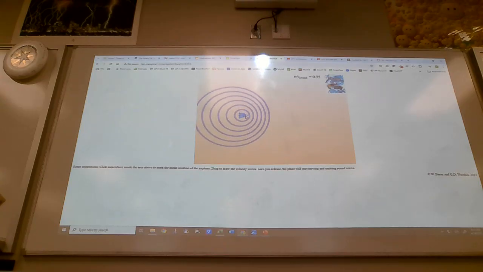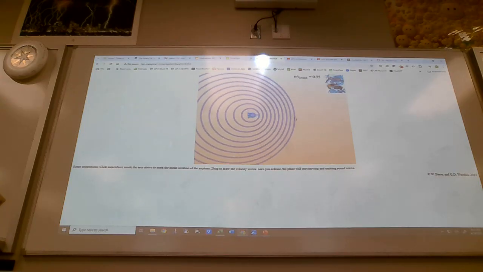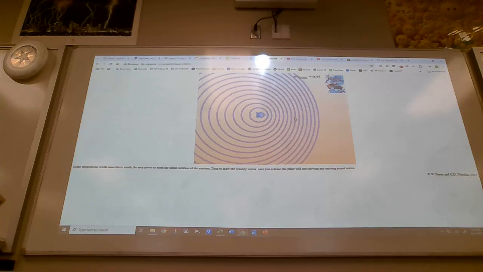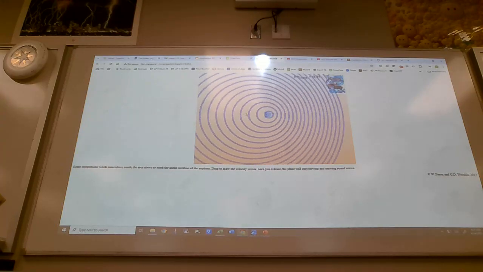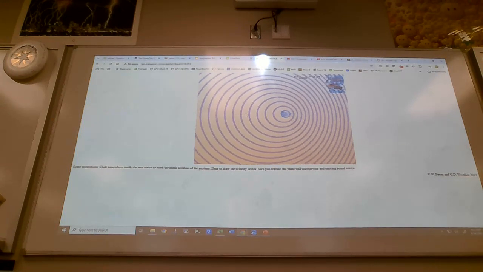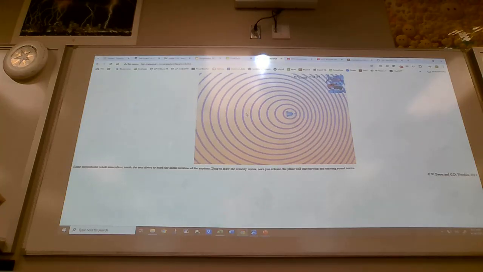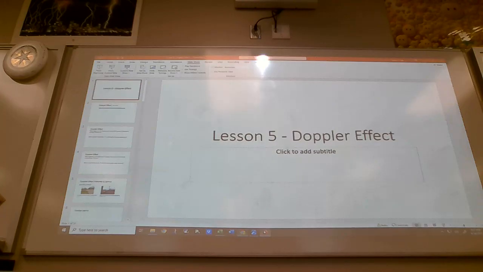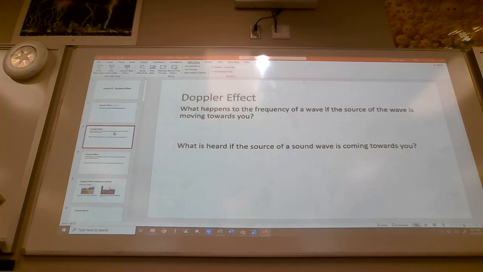So they're kind of like following the waves. If you look at this, versus if they're going away, how would you describe the frequency that the waves are reaching the perceiver as the source of wave approaches that perceiver?